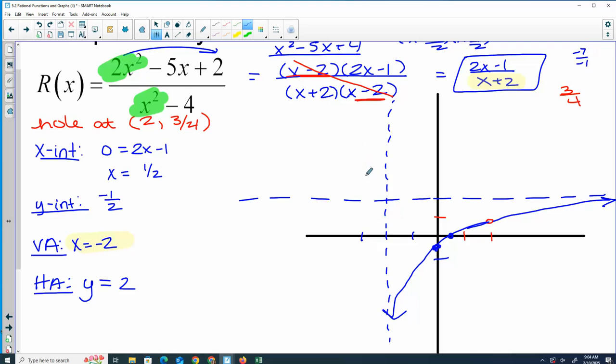Now, I don't care if you plot that exactly, but what that tells me is it's bigger than 2. So I know this section has to be up here. So my graph is going to look like this. What questions do you guys have on this?